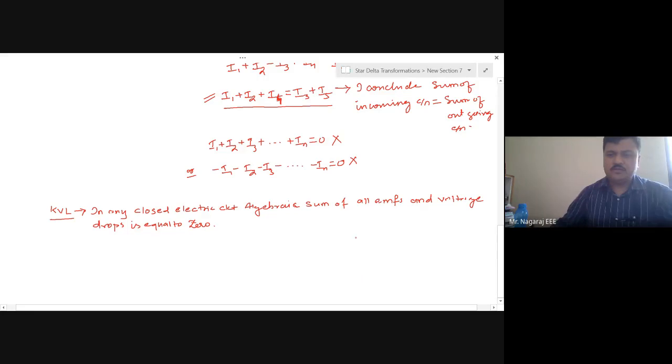Now, if I take a circuit, summation V plus summation R is equal to 0.